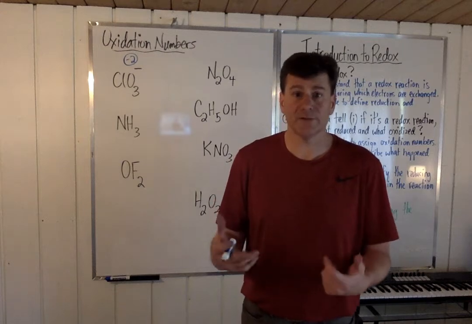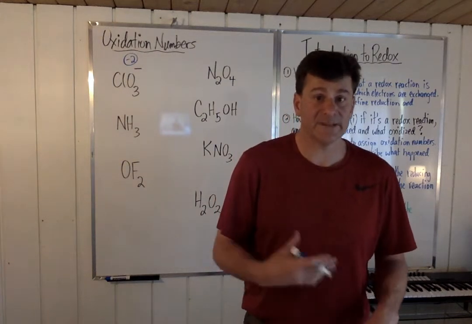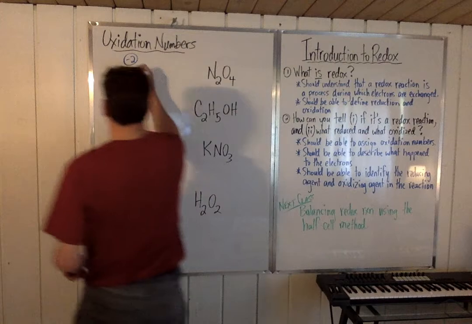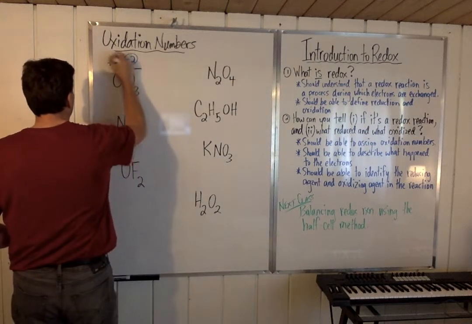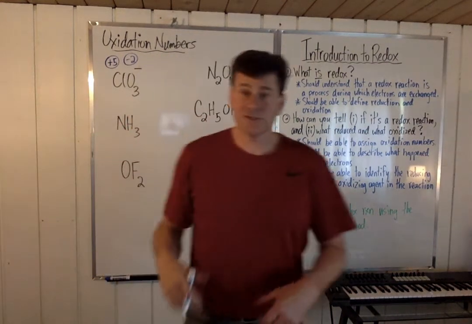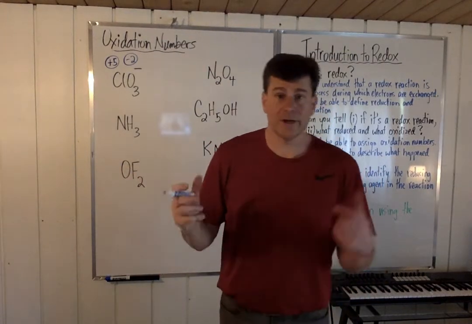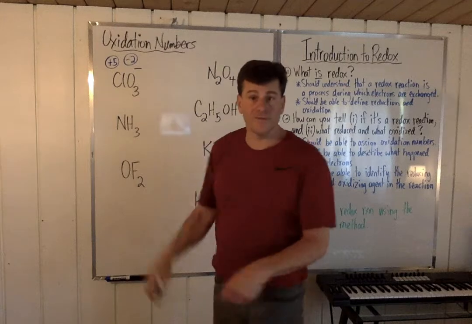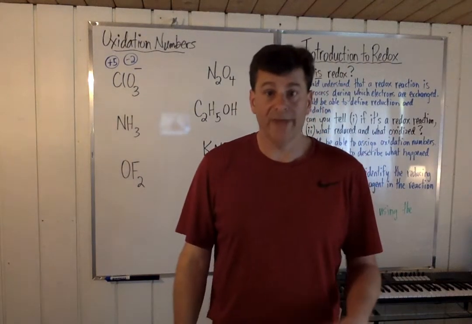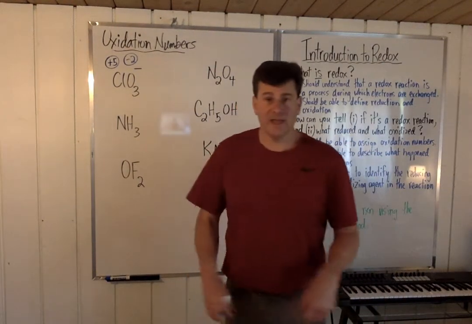For the whole thing to come out to -1, the chlorine has to be +5. Okay, so 3 oxygens, 3 times -2 is -6, +5 for the chlorine comes out to -1, and so you've got a chlorate ion.